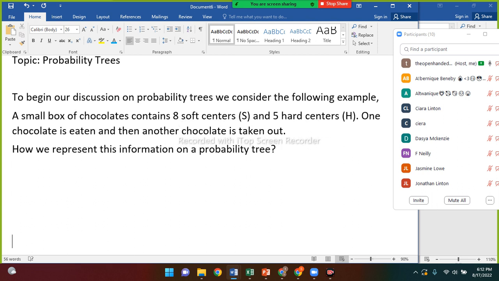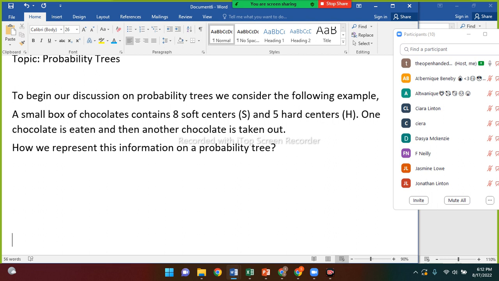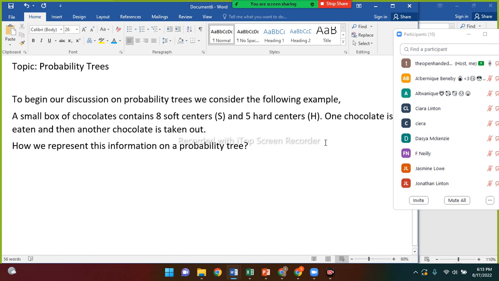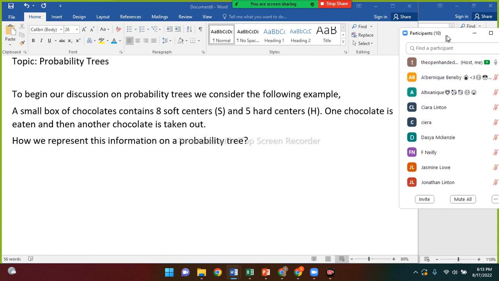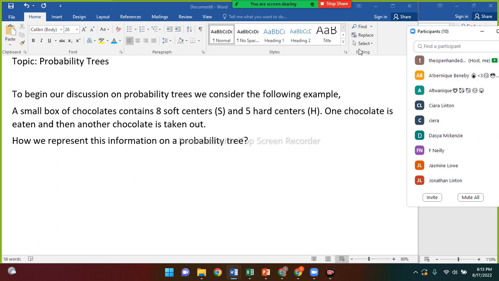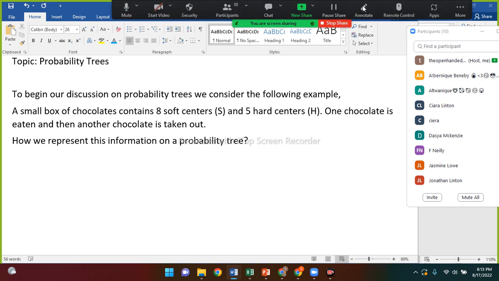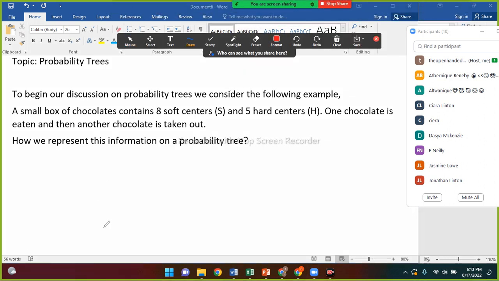So let's begin. With this probability tree, this is how it's going to look. The first thing is that we're going to start off at this point.